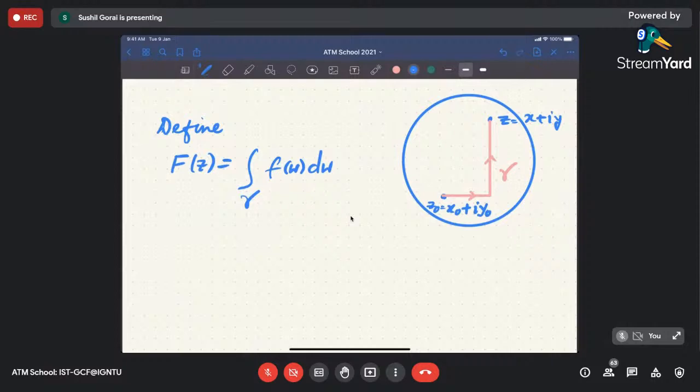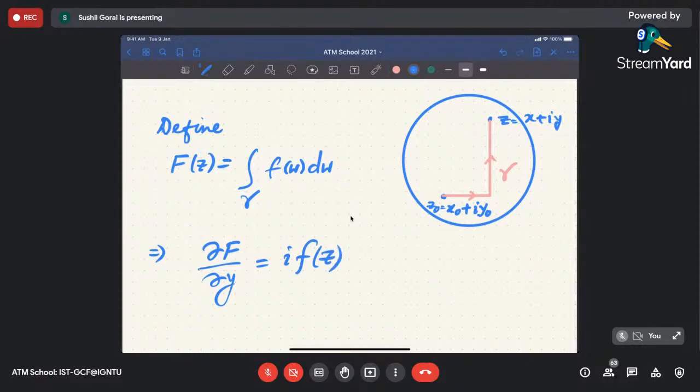This part is actually constant, and this part depends on y. So here you recall the path independence theorem, which we proved yesterday. From here you will get that ∂F/∂y is i f(z), looking at this vertical line.